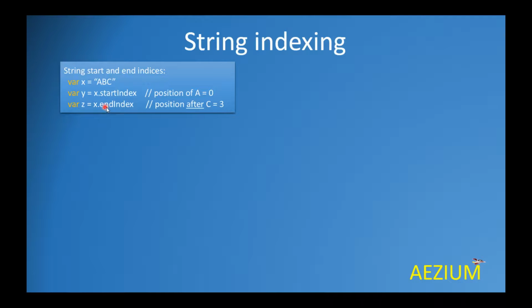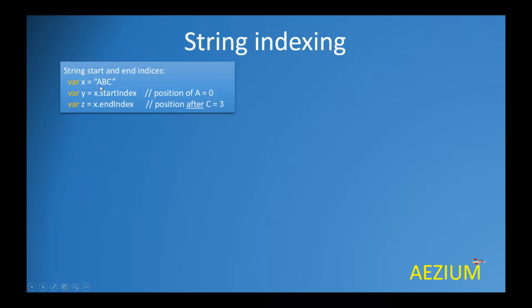In this particular case, the index which signifies the position of a here is 0. There is another keyword called endIndex, which we can use to point to the character which would come after the last character of our string. So in this particular case, whatever index is generated here is not pointing at C, it's pointing to the character which comes after.